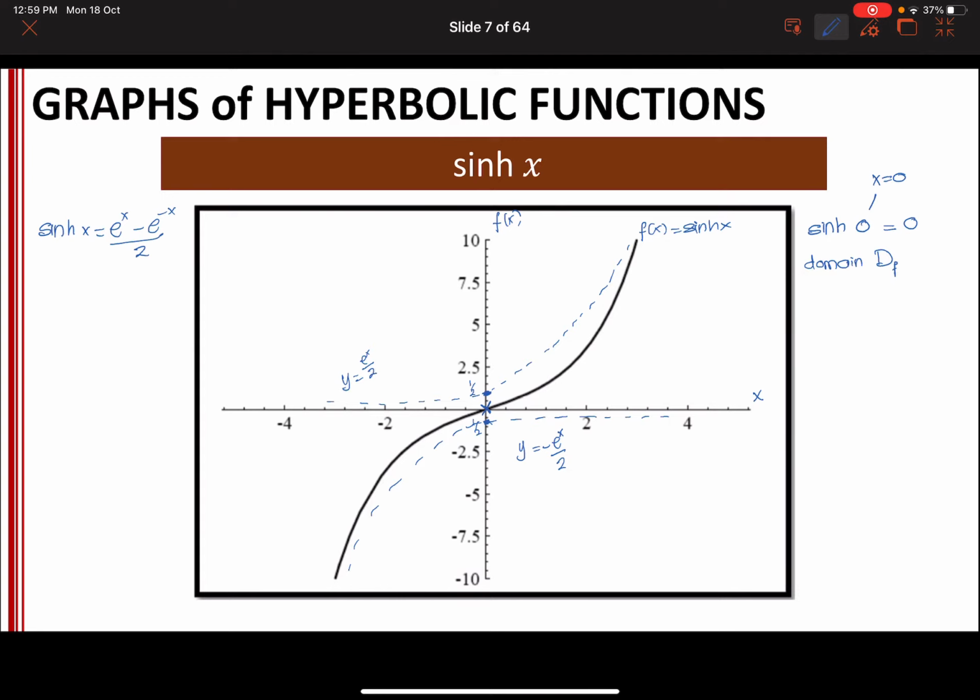You can see that your value of x can be all real numbers. So the domain is all real numbers. Meanwhile, the range, which we denote as R_f: you can see that your graph at the vertical axis f(x) goes from negative infinity to infinity. So the range is also all real numbers. And this graph is symmetrical about the origin.